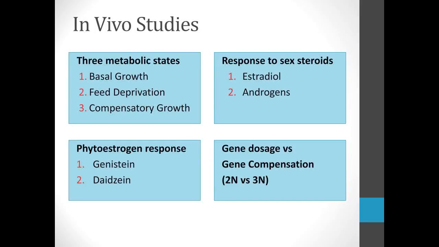So today my plan is to briefly highlight some of our findings within 3 studies that determine physiological mechanisms, including different growth trajectories, the significance of sex steroids for nutrient repartitioning during sexual maturation, and whether dietary phytoestrogens that can result from soy intake mimic estrogenic effects. We've also used these assays to look at gene dosage versus gene compensation in diploids versus triploids, although that information I won't be covering today.